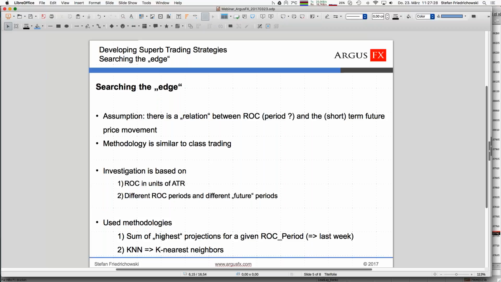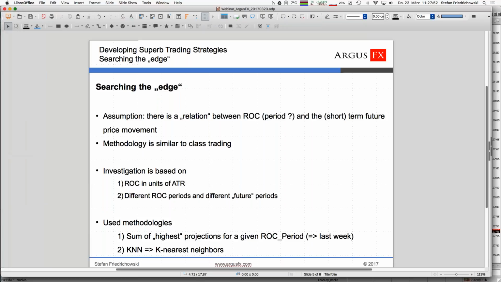But let me go to the end of the slide. What I started to present last week was that I looked at rate of change classification results, and then finally a prediction for the future. Let's see how it works.